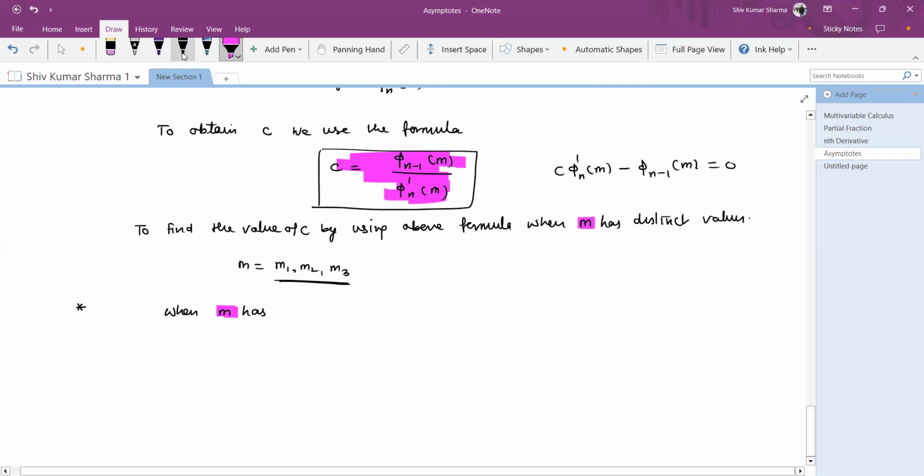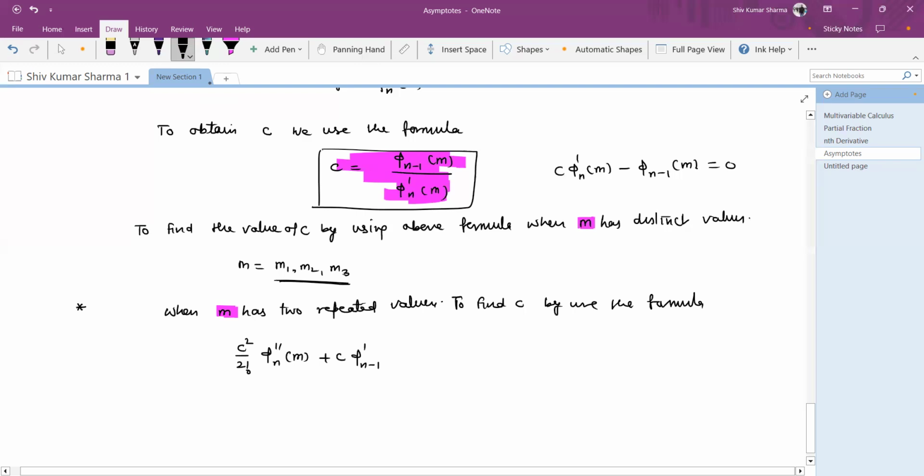When m has two repeated values, meaning equal roots, we find c by using the formula c square upon factorial 2 phi double dash n of m plus c into phi dash n minus 1 of m plus phi n minus 2 of m is equal to 0.